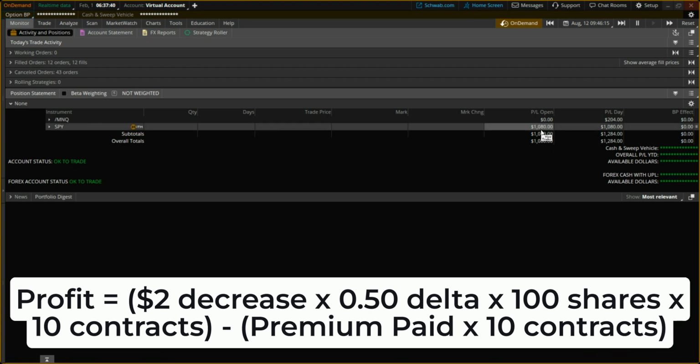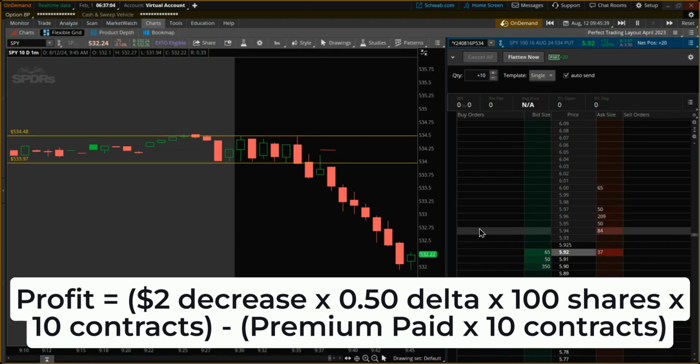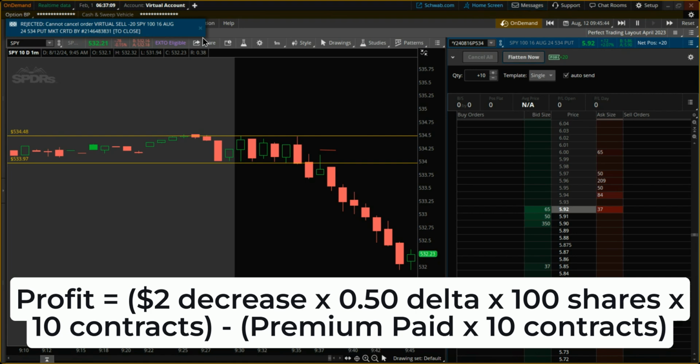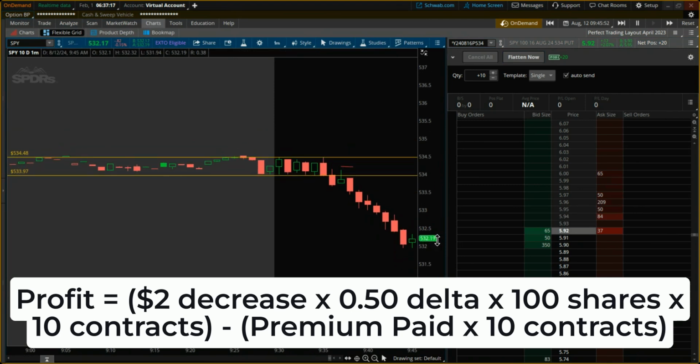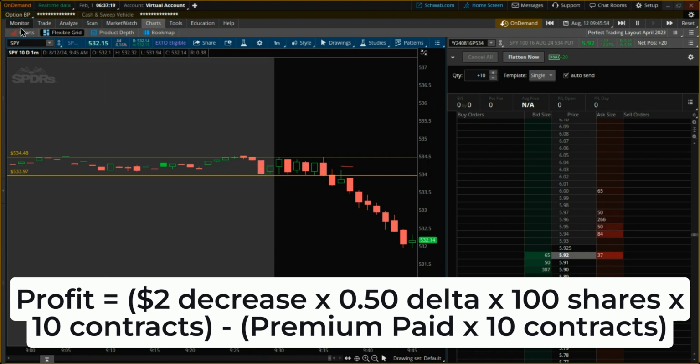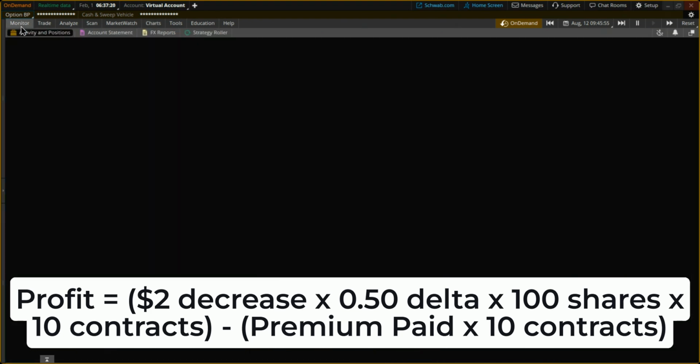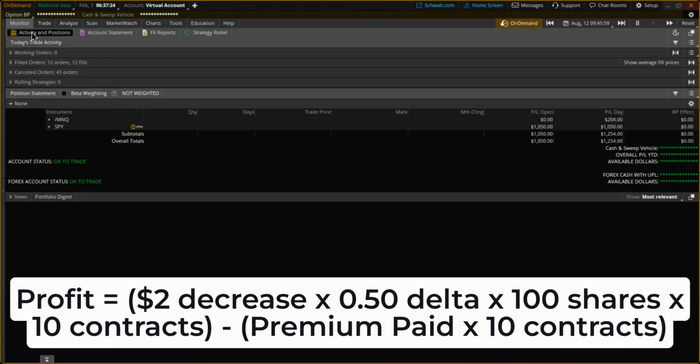So let me explain why I've calculated it this way. If you look at the move down, it's a little bit over $2, but let's just round it to a $2 move down that we actually just watched. And I think that this was pretty much a 15 to 20-minute trade, all in all. If we bought 10 contracts, and you know the delta that we bought at was a 50 delta, you have to multiply the move of the underlying instrument, which was the SPY.